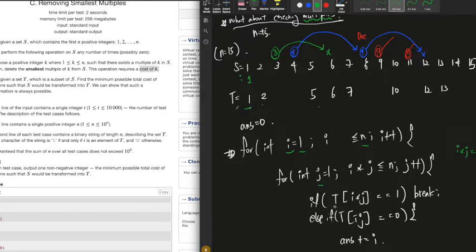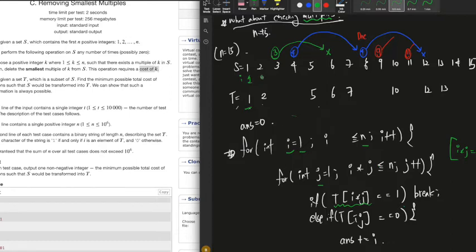We'll think about ij as an index for t, and because tij is 1, we break here, so we don't need to go further.